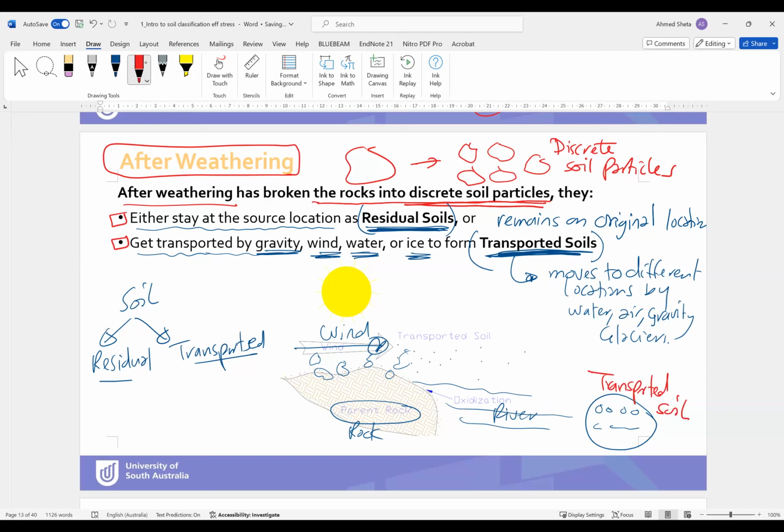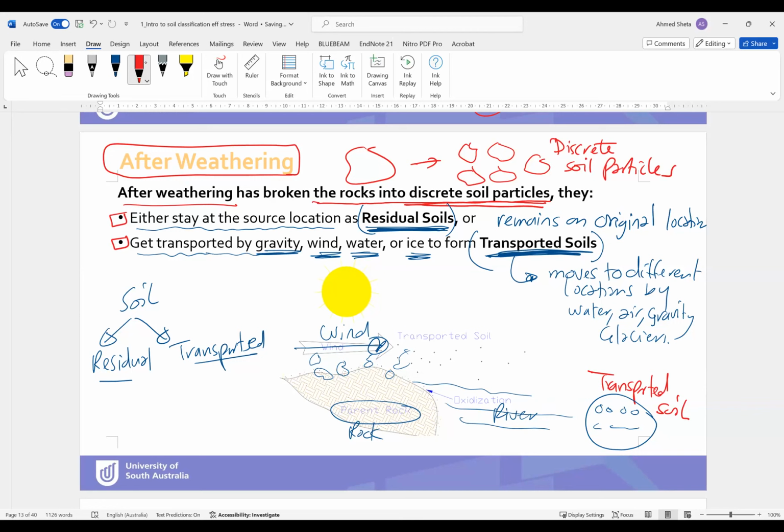What do you expect? What is the common type of soil we have on Earth now? The common type we have is transported soil because of the weathering, and after the weathering we have the wind blowing and water running and ice and so on. All these conditions move the soil particles from place to place.